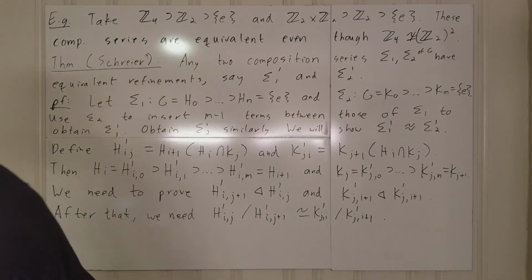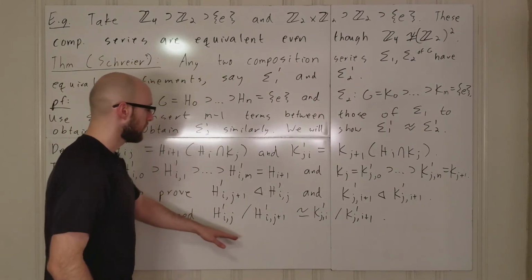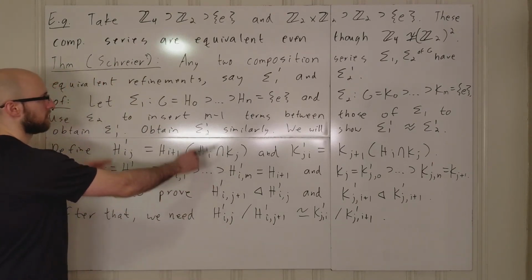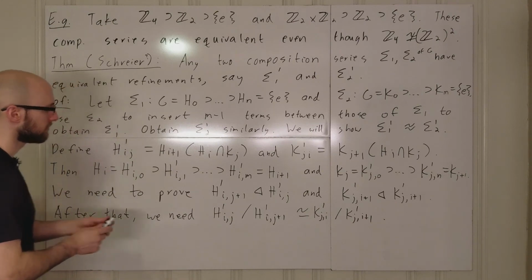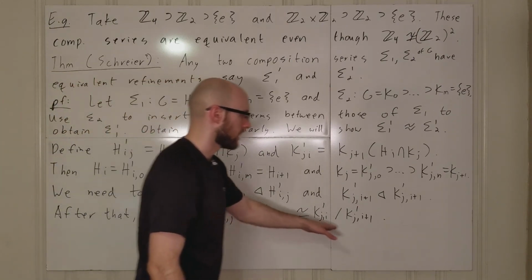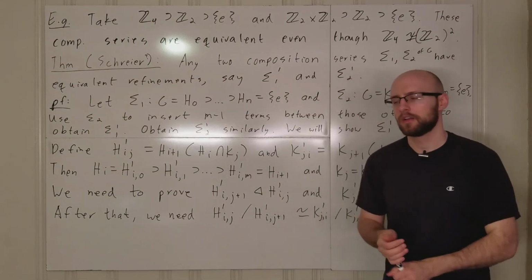Okay? And so if we have that, then all of the graded pieces in this composition series are going to be, well, I think there might be a little bit of reordering because you have to go from ij to ji here, but it doesn't really matter.